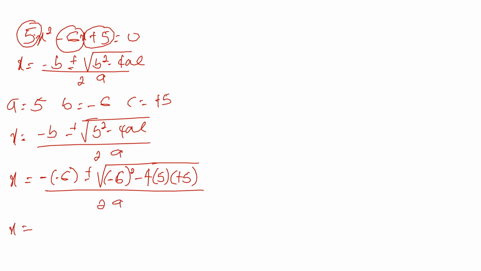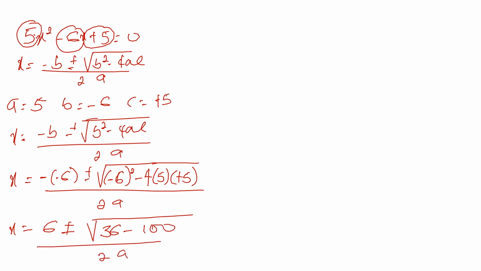We have x equals 6, then plus or minus square root of minus 6 squared, which is 36, of course, then minus 4 times 5 is 20, times 5 is 100, divided by 2a. So x equals 6 plus or minus what is 36 minus 100?